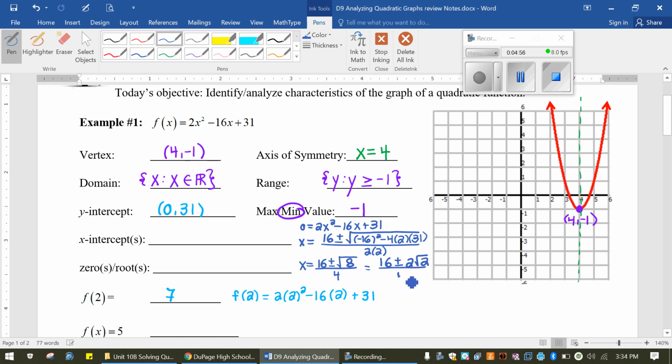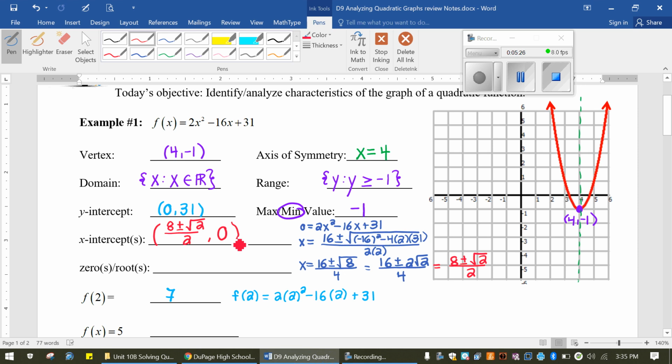And then, of course, we can reduce each of these terms by 2. So if we do that, we're going to have 8 plus or minus the square root of 2 all over 2. So our x-intercepts are 8 plus or minus the square root of 2 all over 2. And then we substitute in a y in order to get that.